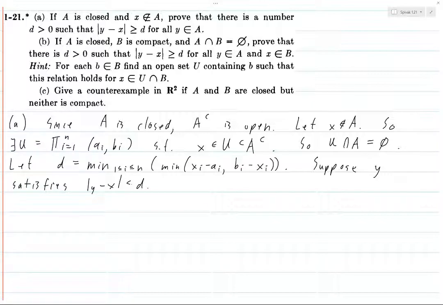The contrapositive of that statement is that if the norm of y minus x is less than d, then y is not in A. So we're going to suppose that y satisfies this inequality. We want to prove that y is not in A.